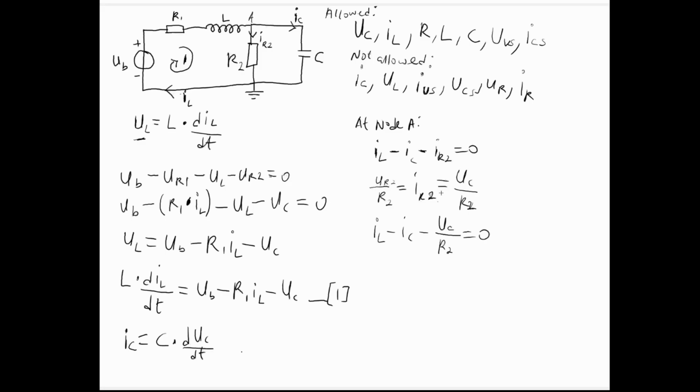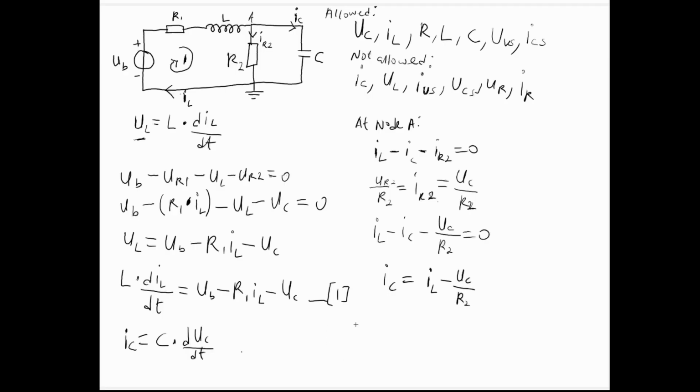We're almost there. Now, IC is not allowed in this form, but we can always substitute the differential equation on the right-hand side for it. So before we do that, let us make IC the subject of the formula. So IC is equal to the inductor current minus the voltage across the capacitor divided by RO2.